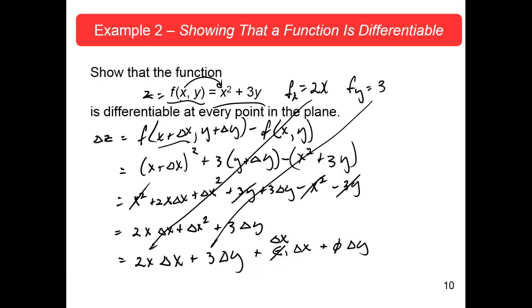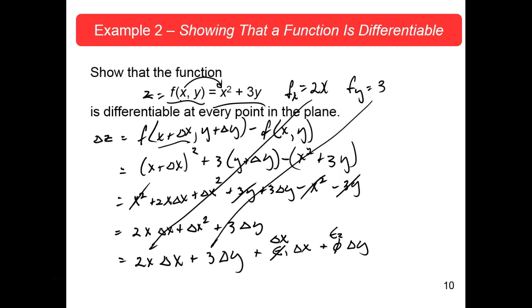Okay? And the epsilon 2 would be the 0, okay, because there is nothing there. So there is some epsilon 1 and epsilon 2 approaching 0 as the delta x is approaching 0.